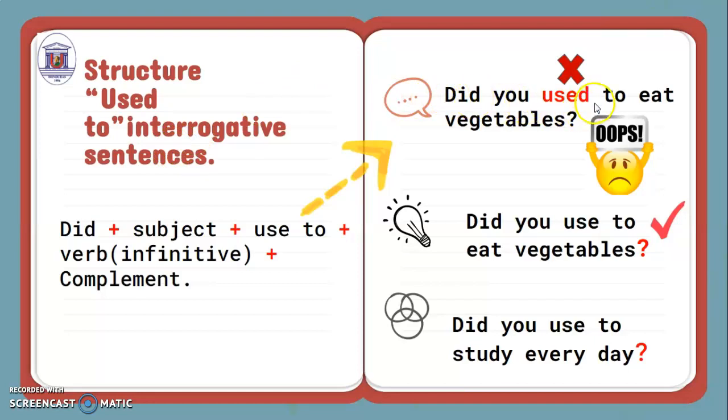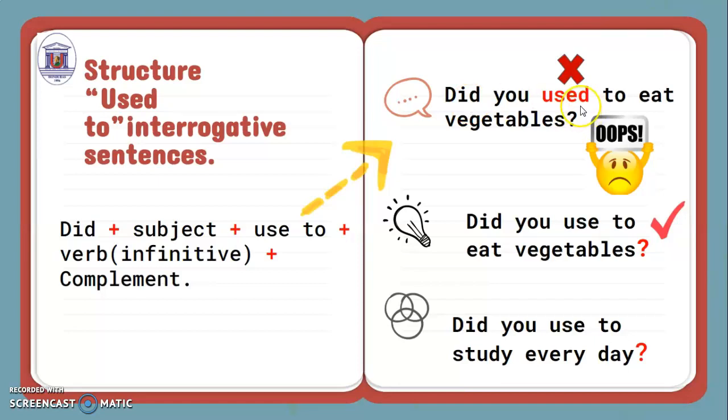Did you used to eat vegetables? Can you see this face? Oh, okay, it means we have a mistake. Let me tell you something. When we talk about questions with used to, you don't need to add the letter D of used, because here we have the auxiliary did that is focused in the past.